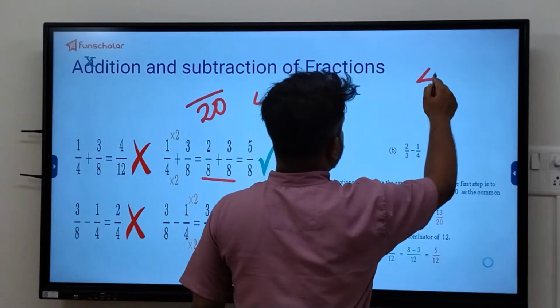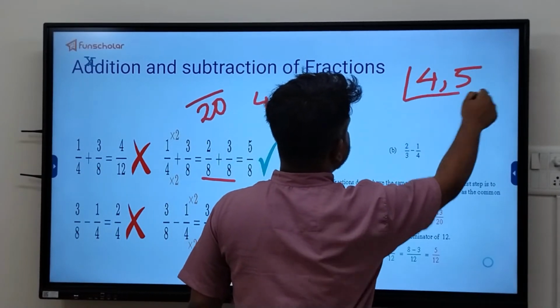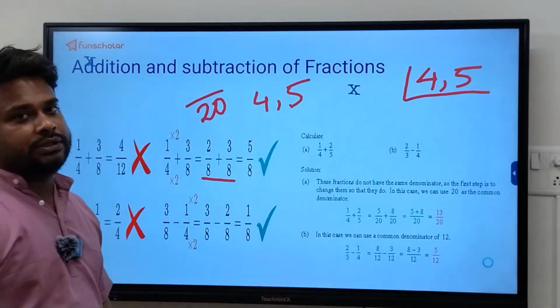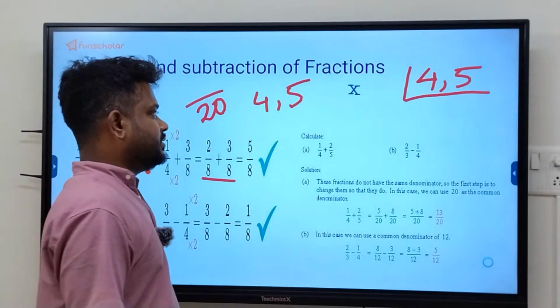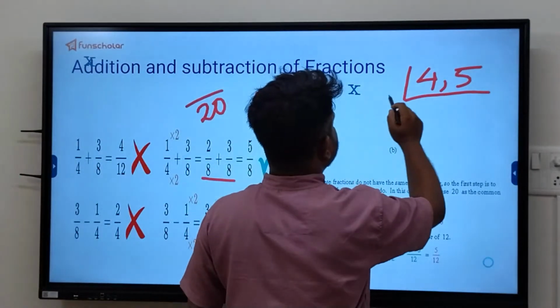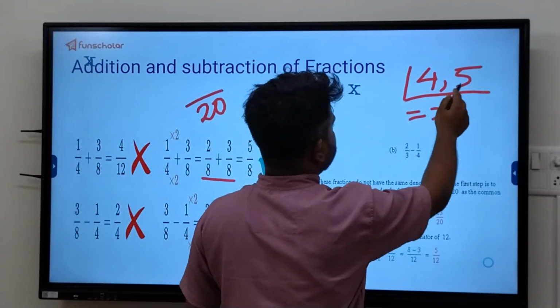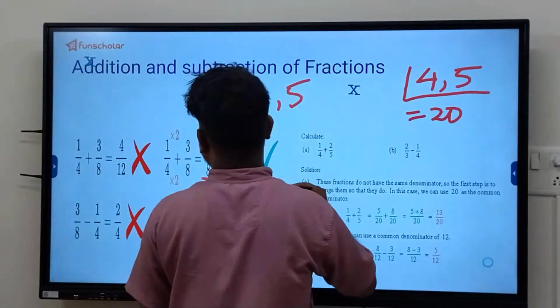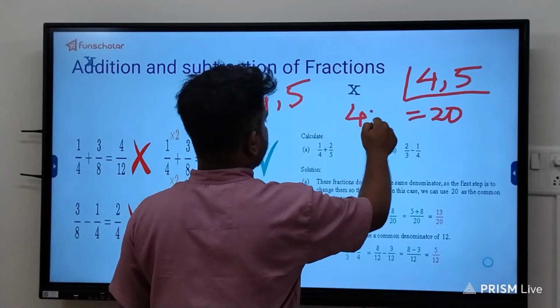To find this, we can simply take the LCM of the two unlike denominators. So the LCM of 4 and 5 will be 20, because 4 and 5 don't have any common factor between them, so we just multiply 4 into 5.